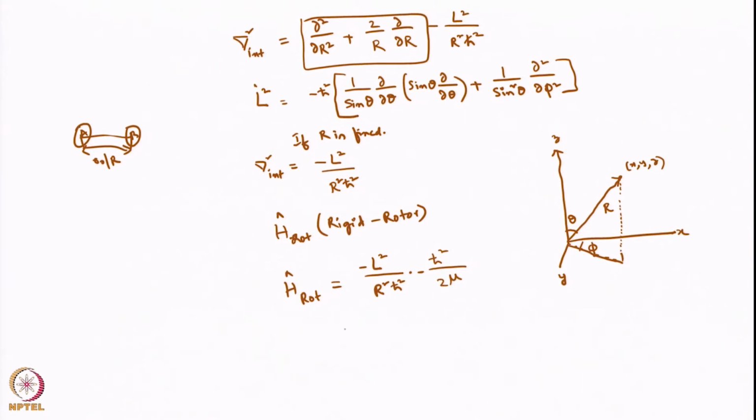When I rearrange, the h bar square will cancel and the negative sign will also cancel. So, what I am getting is L square by 2 mu r square is going to be H rot. Now, this is written as L square by 2 I e, where I e is equal to mu r square, and this is called the moment of inertia.